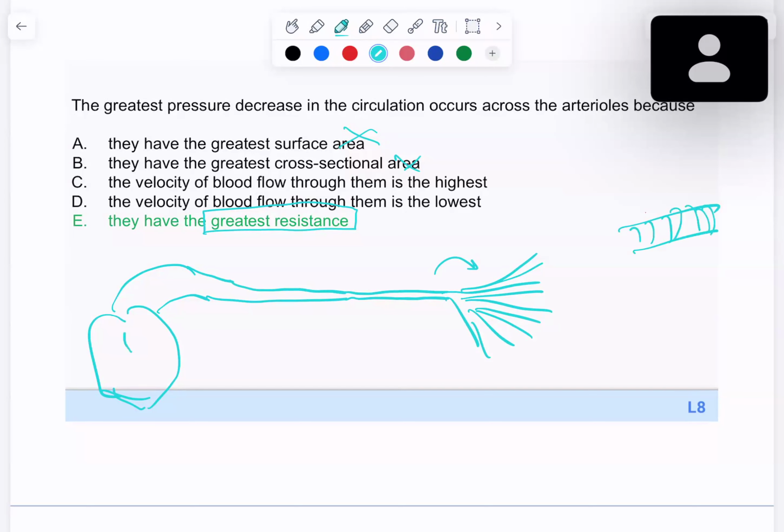Tamam? So we go from really high pressure going into the aorta and the arteries and then into the arterioles, and we need to regulate this blood pressure so that we change the blood flow to organs however we would like to change it. And we do that with the arterioles. Tamam? The arterioles are the ones that regulate this blood pressure, and that's why they have to have the greatest resistance. Okay?